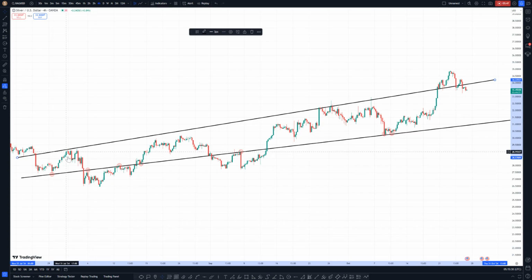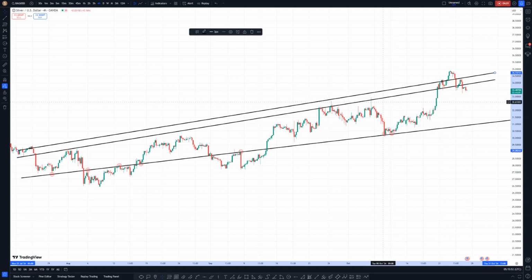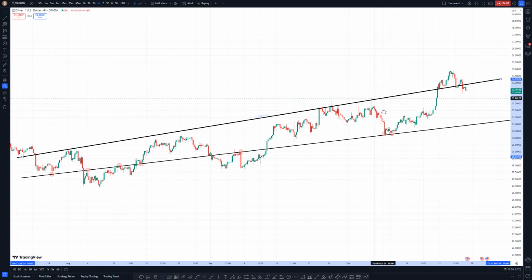Support structure, retest, retest, retest, retest, breakout, retest. Price came in within the zone. Final breakout structure. Ladies and gentlemen, SAGUSD will be going down based on the data we have here within this zone.